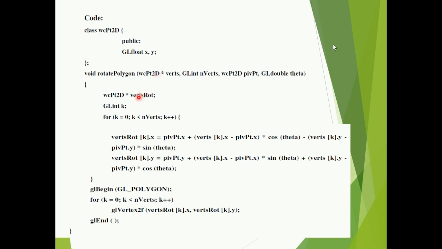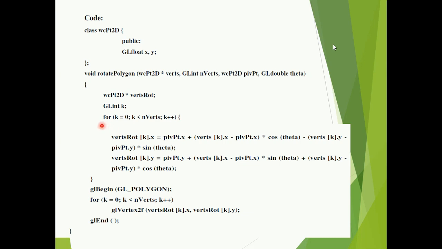Again this is stored in array form. And next you define GLint k for iterations. If it is a polygon, you now have to generate the vertices, that is x dash and y dash.